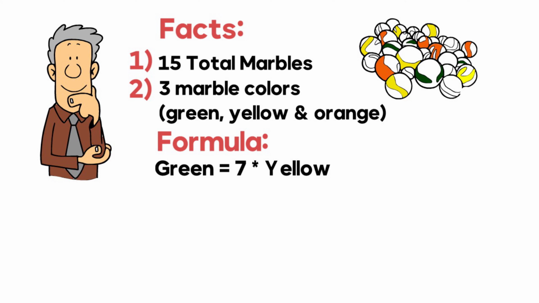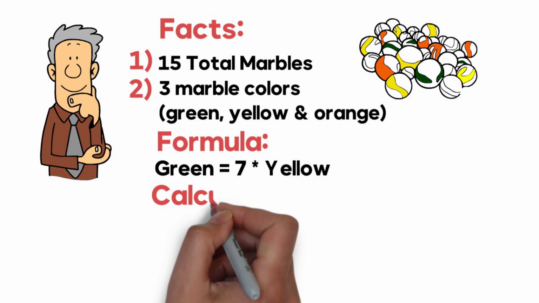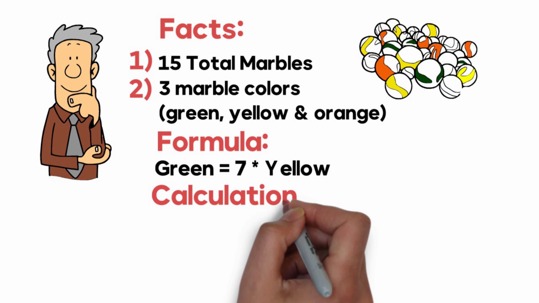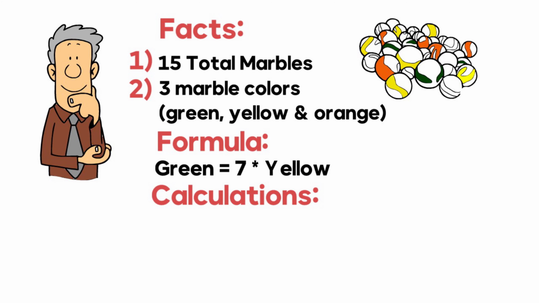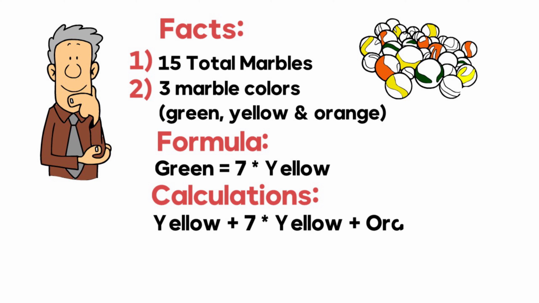How does it help us? With this type of information, we can easily build the calculations, and we will base our calculation off of yellow marbles. The calculation will be yellow marbles plus 7 multiplied by yellow marbles plus orange marbles equals 15.